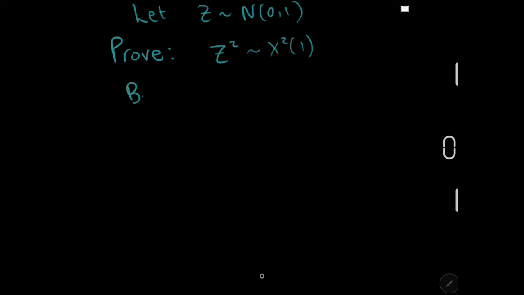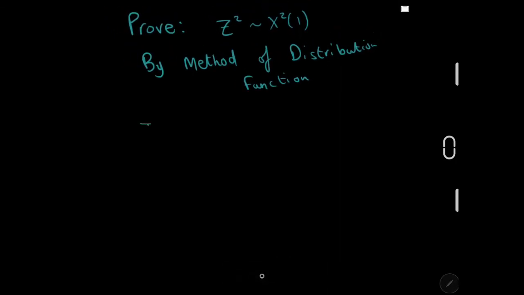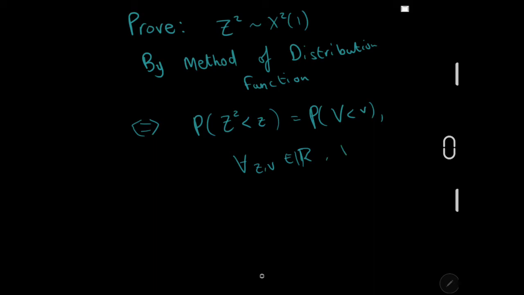By the method of distribution functions, this statement of proving that Z squared actually has this particular distribution is the same thing as proving that the probability that Z squared is less than little z is equivalent to the probability of V being less than little v, for all z and v in R, and we're assuming that V is chi-squared with 1 degree of freedom.